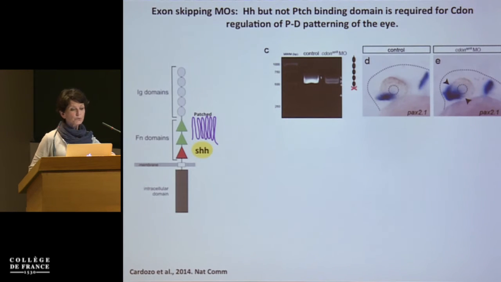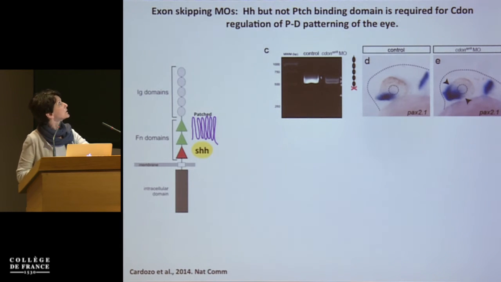And to further prove that this effect is really independent from interaction with Patched, Marco used morpholinos that induce exon skipping, and therefore delete either the Patched binding domain or the Sonic binding domain from Kidon.